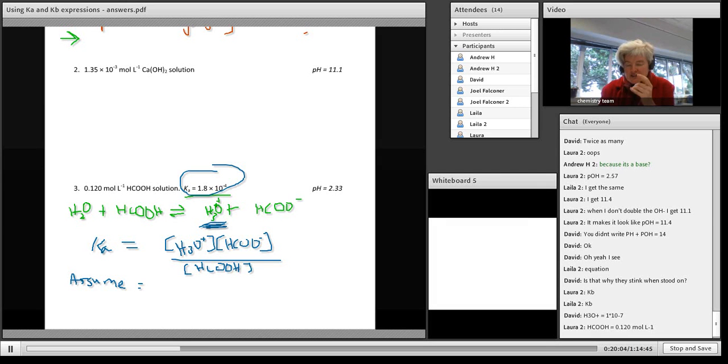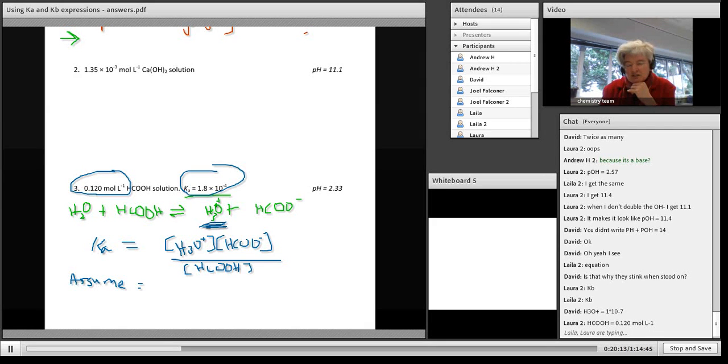Laura, you're correct. You can assume that your formic acid is the same as this because very little of it dissociates. It's like saying what's 1 subtract 0.000000001 or whatever. It's going to be pretty much 1.